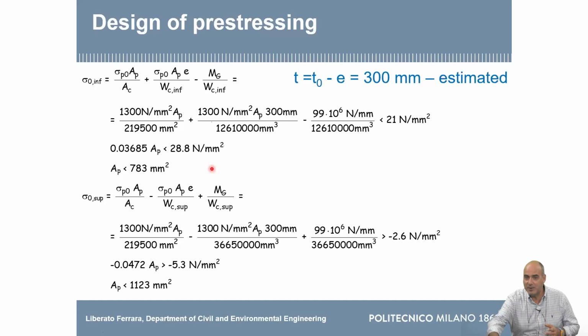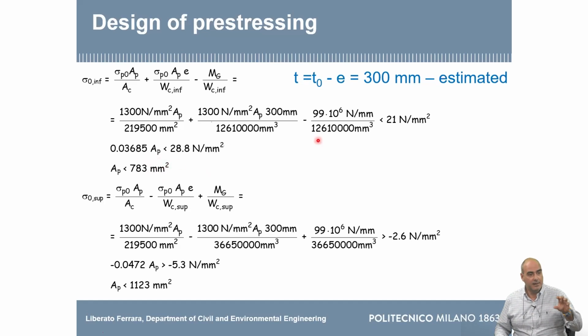This is what these equations are telling us. You cannot pre-stress too much because in the early ages, first of all, the concrete is weaker in a sense. But also in the early ages, you do not have enough gravity loads to counteract the effect of pre-stressing. So you risk compressing your concrete too much. And as I said, you have to select the lower between the two.